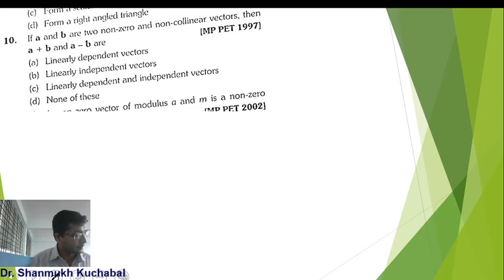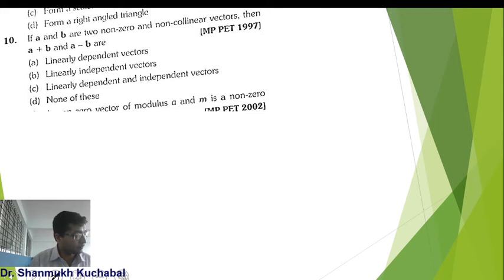Yes, next example, example number 10. If A and B are two non-zero and non-collinear vectors, then A plus B and A minus B are. We have to write whether they are linearly dependent vectors, linearly independent vectors, linearly dependent and independent vectors, or none of these.